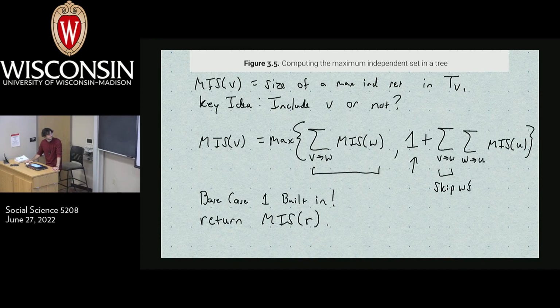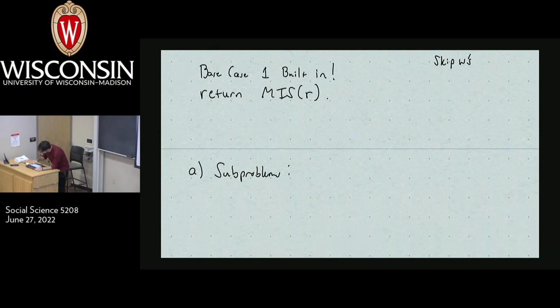Maximum independence of W, maximum independence of U. Yeah, so for the overall process, we have one subproblem per node, which is just MIS of V. So in total, we have O of N, where N is the number of nodes.